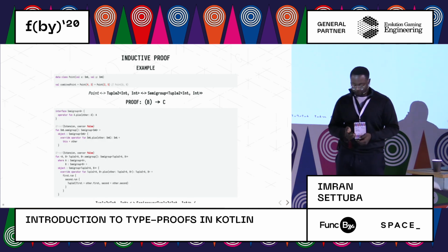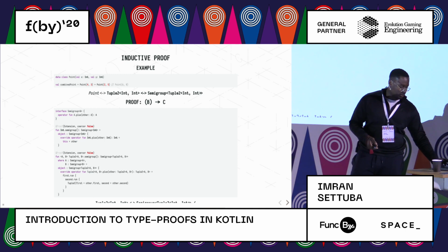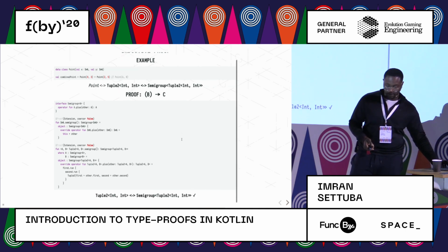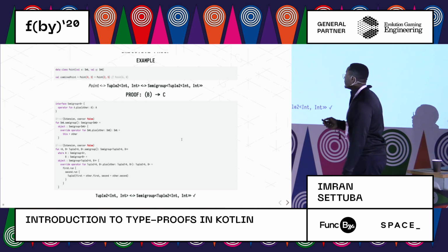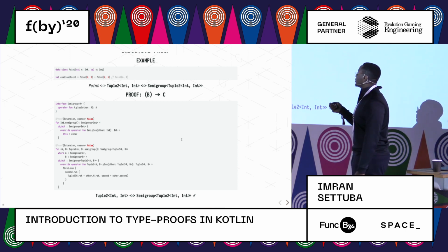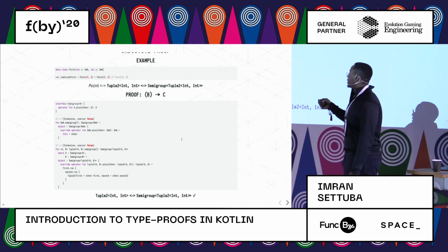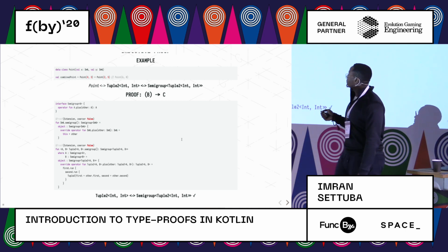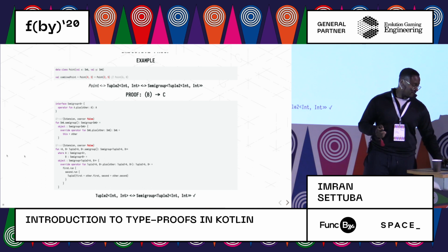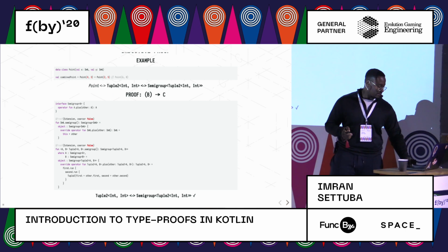And the next part is when we define the proofs for the semigroup from integers and tuples, simply by saying a tuple has a semigroup implementation whenever each type in its tuple has a semigroup implementation.